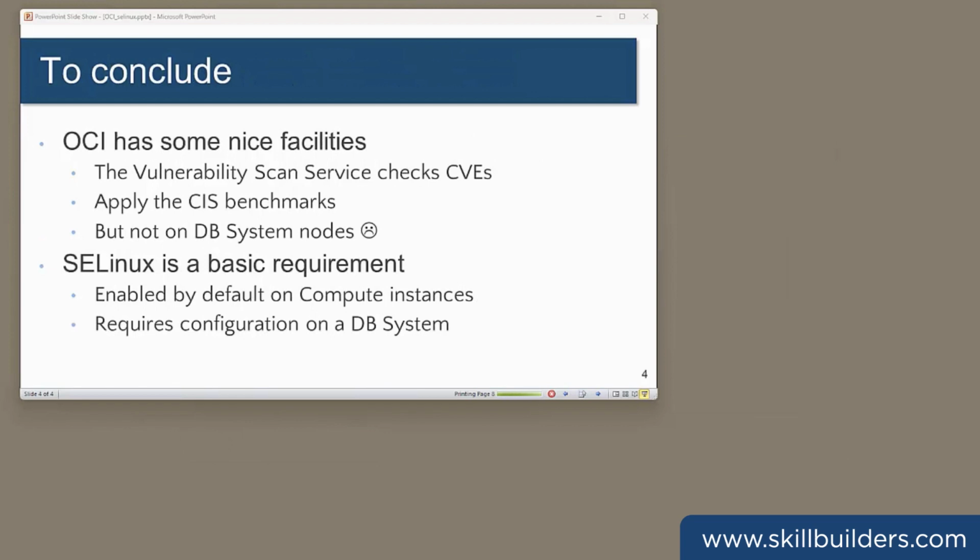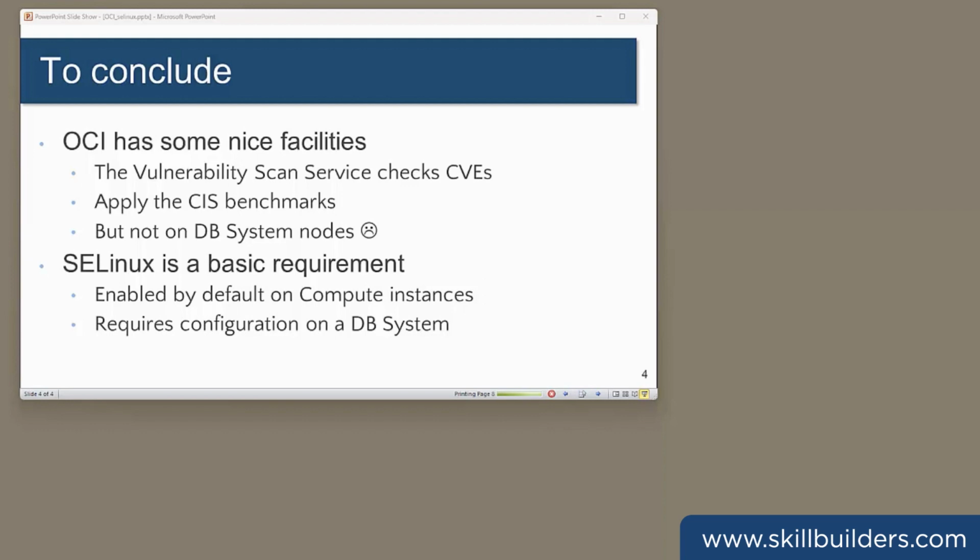To conclude, when it comes to security and security audits, OCI does have some nice facilities. The vulnerability scan service will check your compliance with CVEs. It can also automatically apply the CIS benchmarks to your compute nodes. Perhaps rather annoyingly, it cannot apply them to your DB system nodes.